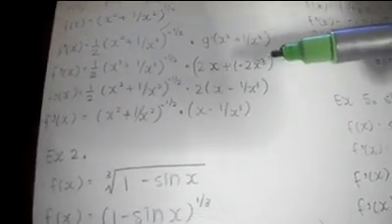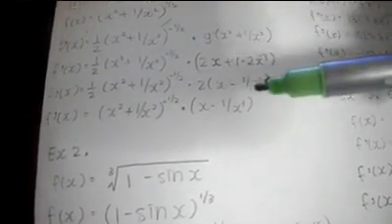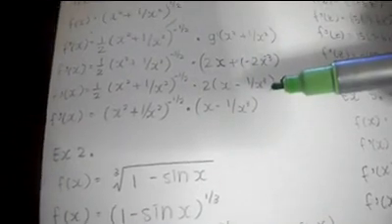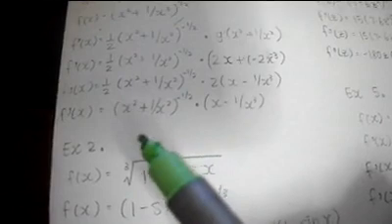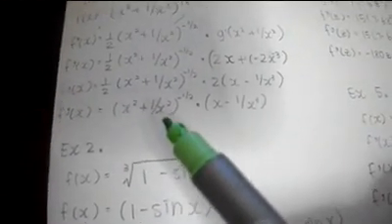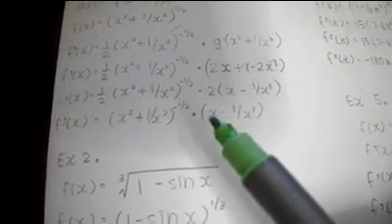We can simplify this, and we get 2 times x minus 1 over x cubed. Now we can multiply the two derivatives together, and the final result will be x squared plus 1 over x squared to the power of negative 1 half times x minus 1 over x cubed.